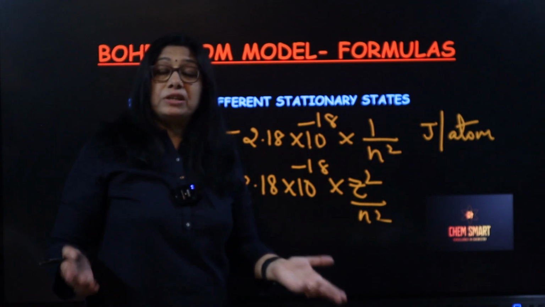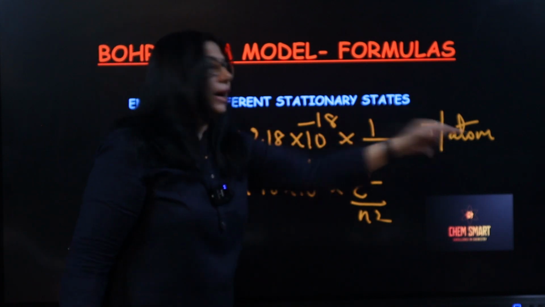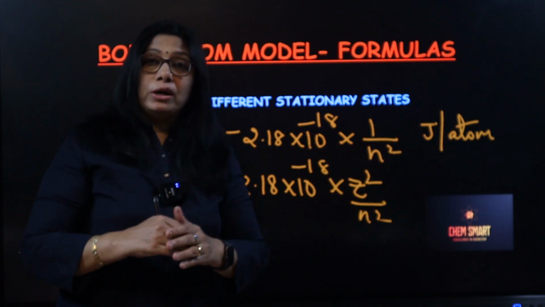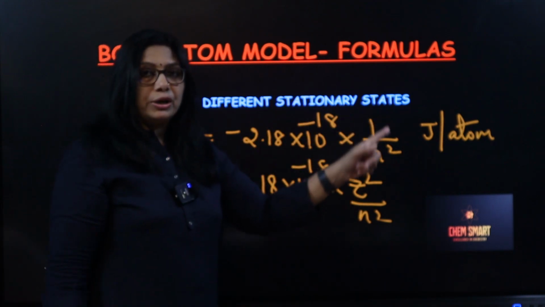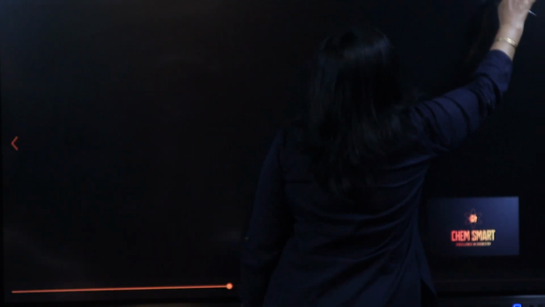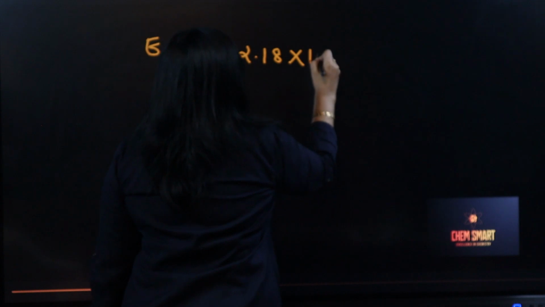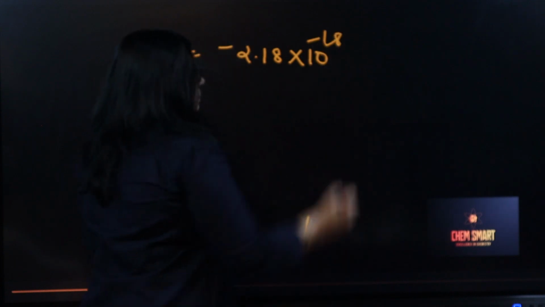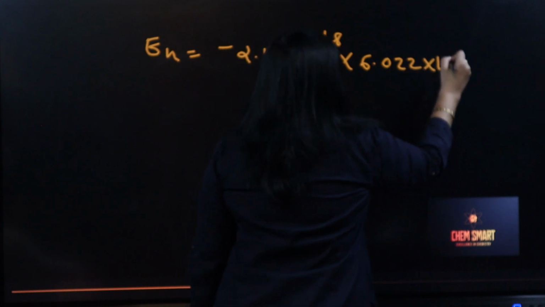Now, this is joules per atom. We can also express it in joules per mole or kilojoules per mole. This is for one atom. What is the meaning of 1 mole? It is Avogadro number of atoms. So if you have to convert this into mole, you have to multiply by Avogadro number. Then En will be minus 2.18 into 10 raised to minus 18, which is for one atom, into 6.022 into 10 raised to 23.